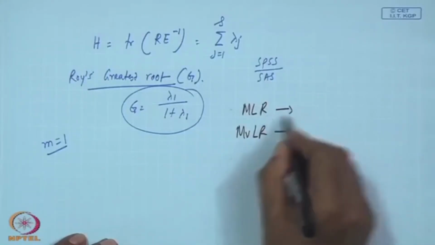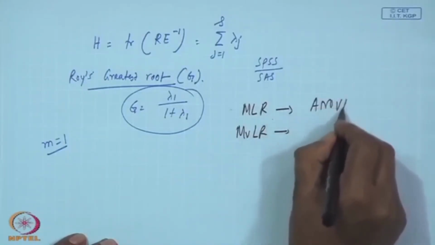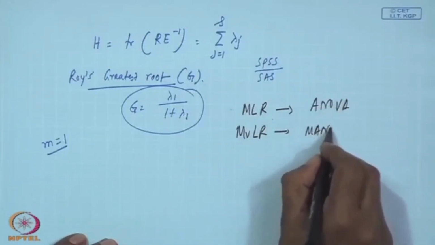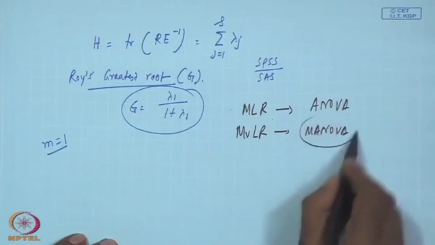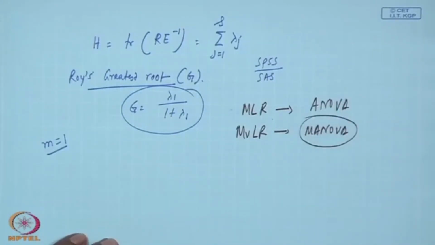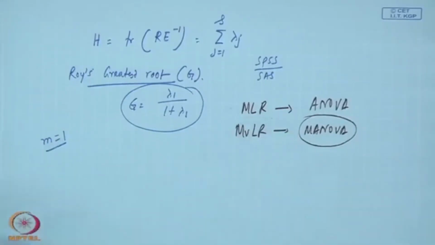It is similar to ANOVA, and the analogue is MANOVA. You must go for MANOVA when you have more than one dependent response variable, and then you see whether collectively they are affecting or not. If not, go for ANOVA, no problem. Similarly MBLR and this.